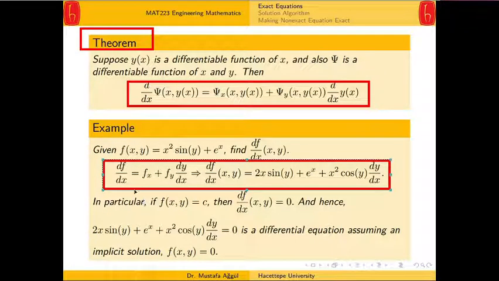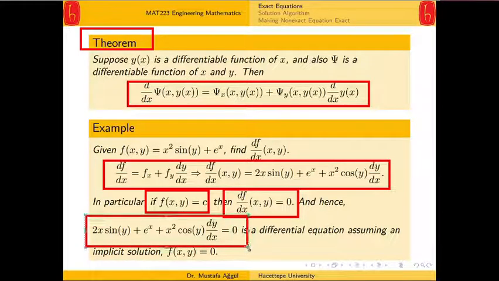Okay, in particular, if we choose f of x comma y equal to a constant, then the derivative has to be 0. So the derivative equals 0 means we have 0 here, then we'll end up with such an equation. In this equation we have derivative y terms and x terms.